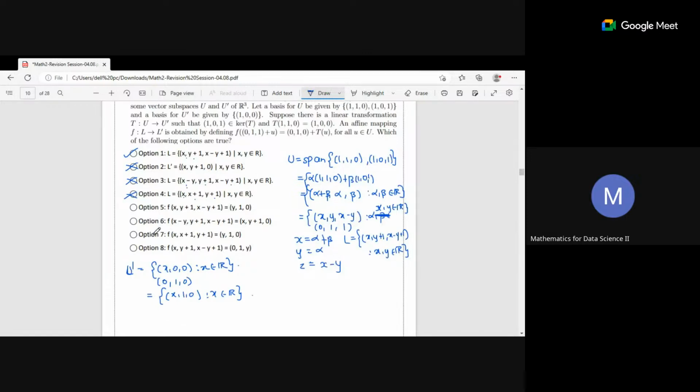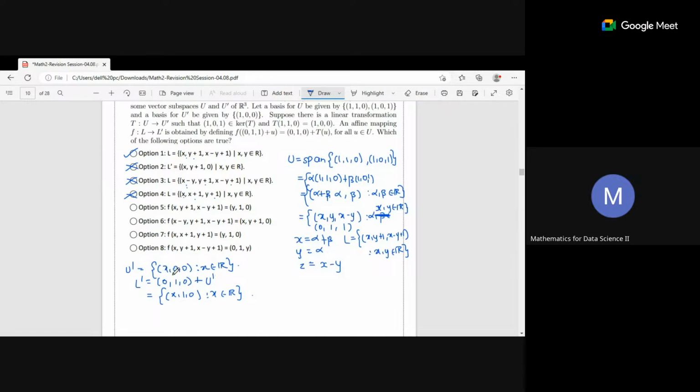Okay, fine. So the next question, an affine mapping. Ma'am, can you please explain L dash again? See, this is your U dash actually, right? U dash is fine for you, right? Now for L dash, it is this vector plus U dash, 0, 1, 0 plus U dash.